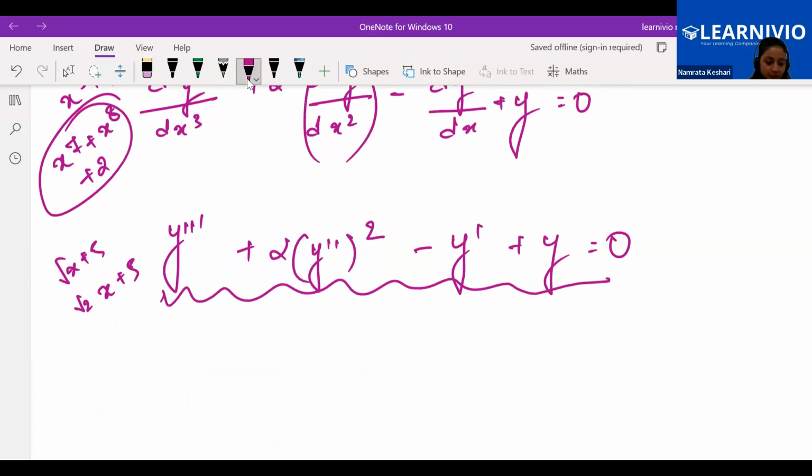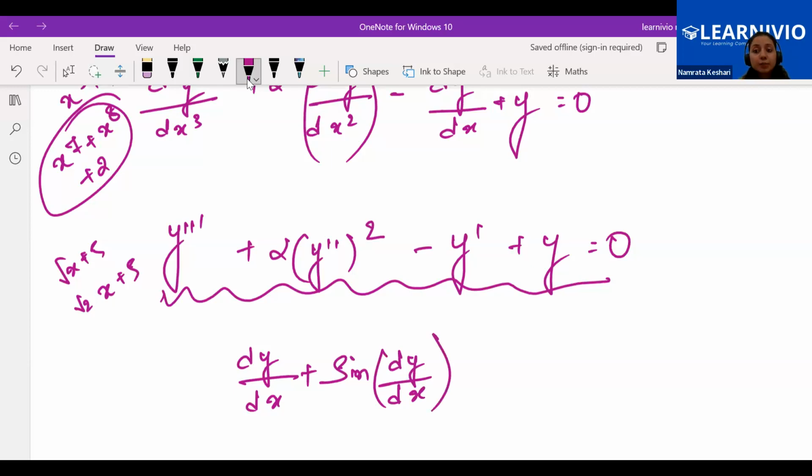Suppose we are having dy by dx plus sine of dy by dx, or maybe log of dy by dx, or maybe e to the power dy by dx.